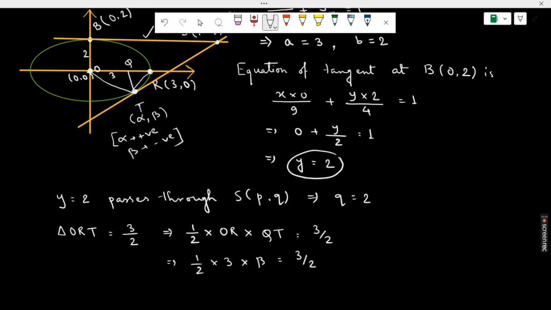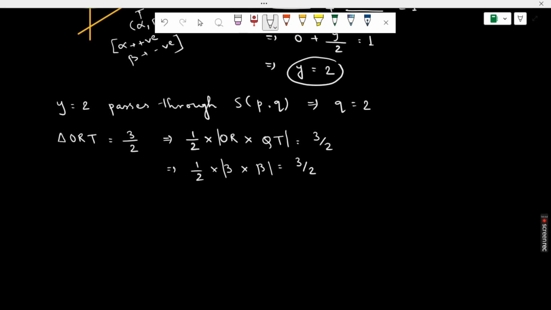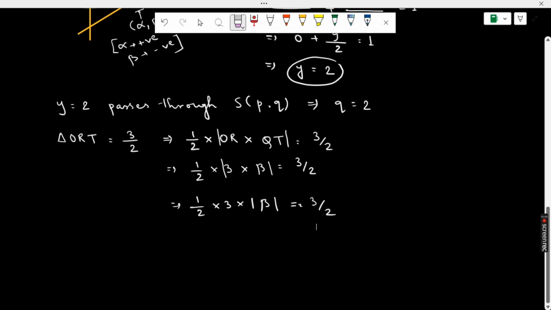But obviously the mod value, because I have mentioned that area will always be positive. So this implies half into 3 into mod beta is equal to 3 by 2.